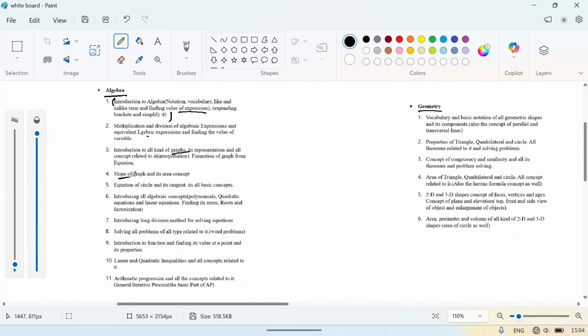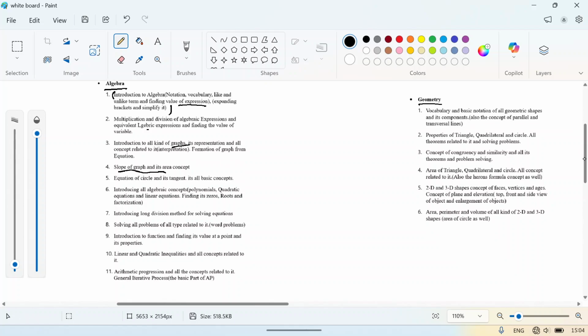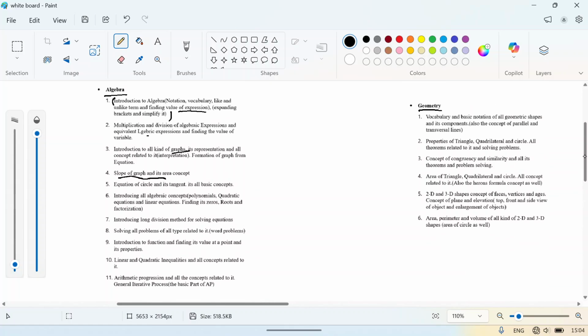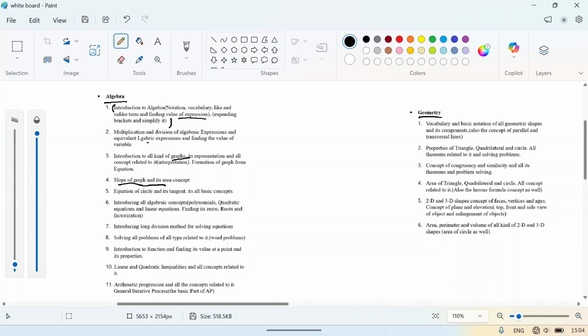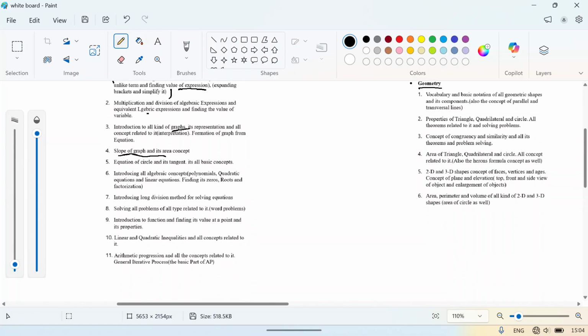Then we learn about the slope and graph and its area concepts, the slope of the algebraic expression and its graph, and the concepts related to it. In topic number 5, the equation of a circle and its tangent, we are going to learn about the equation of a circle and its tangent and solve some problems based on them.